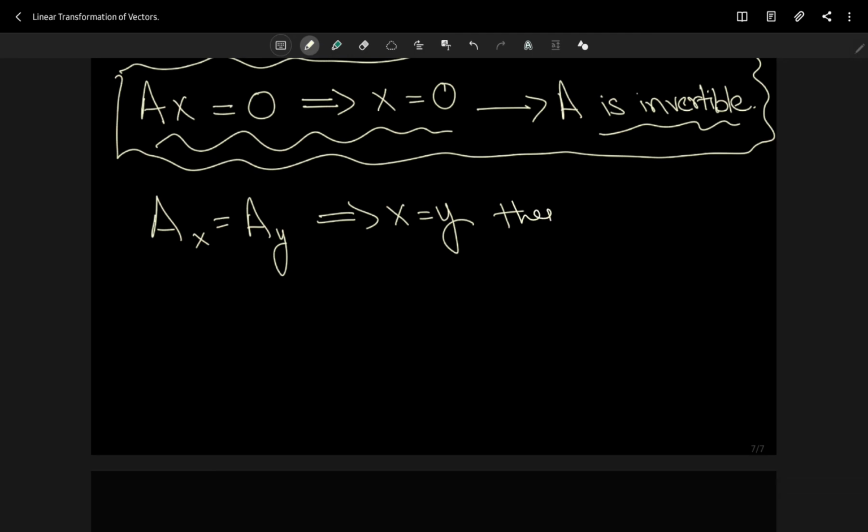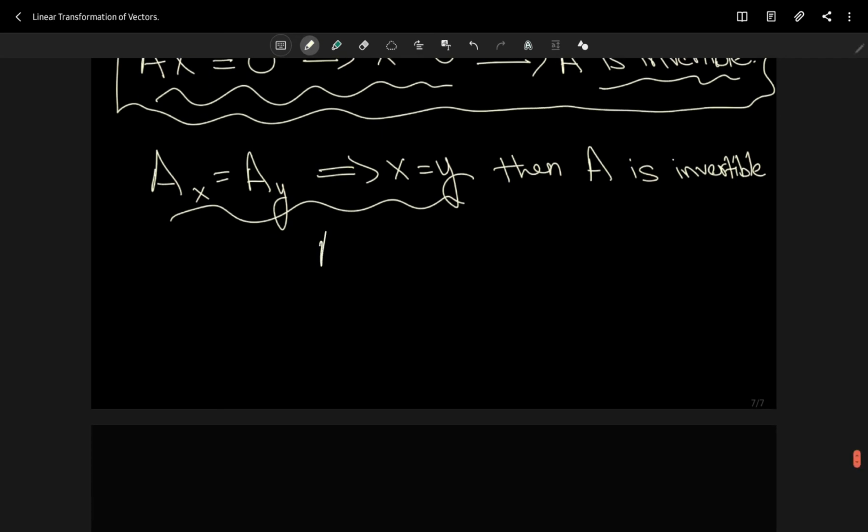That was the case, that if this happens, then A is invertible. Then this thing, Ax minus Ay is equal to 0.